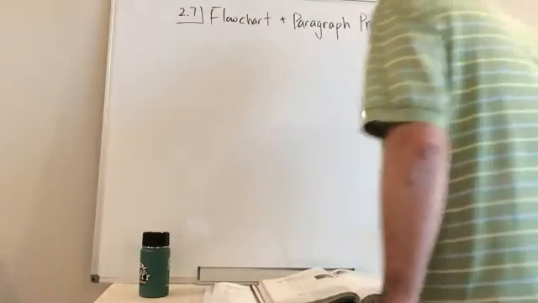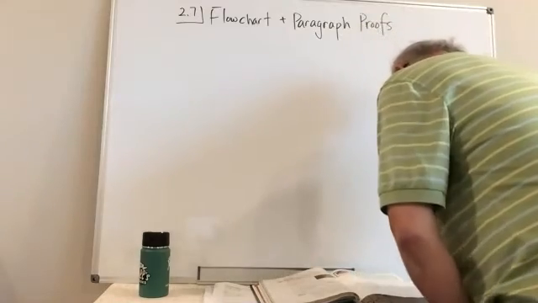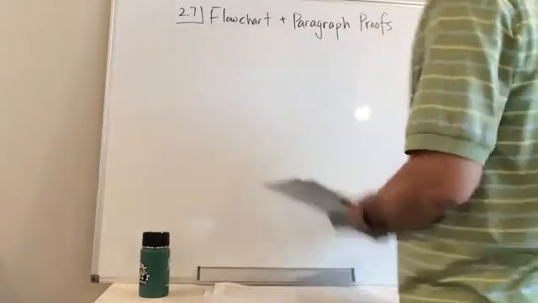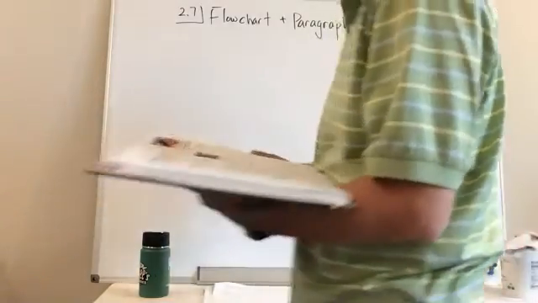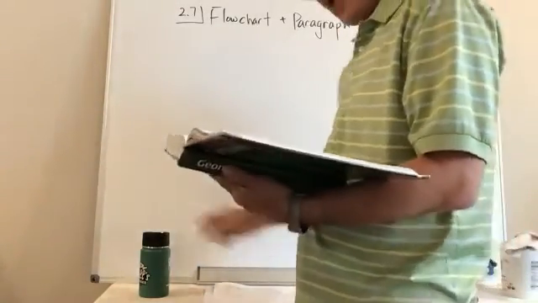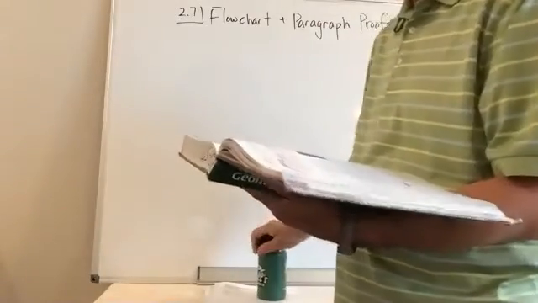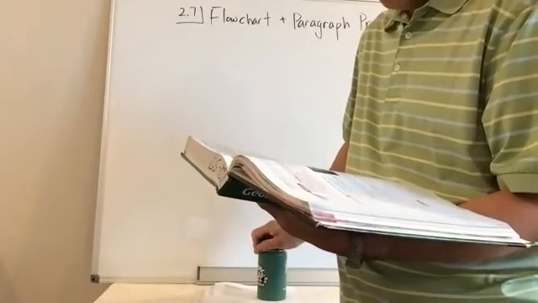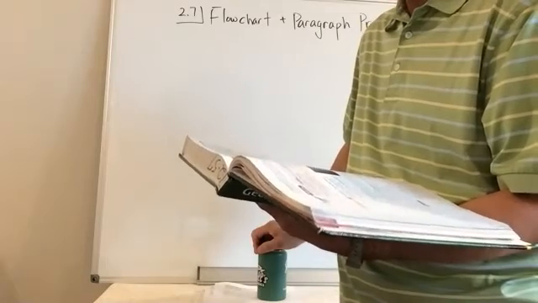Example number 4, use the given two-column proof to write a paragraph proof. Now we're going to write a paragraph proof from the two-column proof, okay? I'm not going to write this down because it's pretty drawn out, so let's just read through it. This is what I would write in my paragraph.